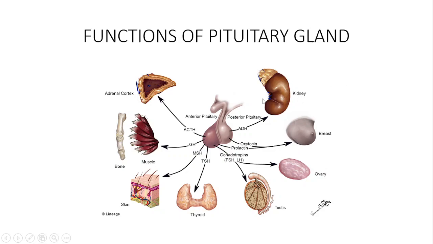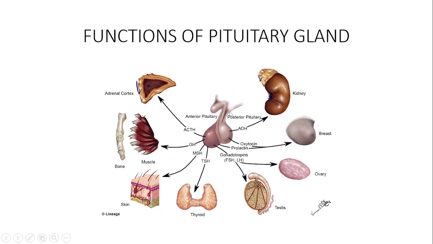It causes the kidneys to release less water. It decreases the amount of urine produced. What it means is that a high antidiuretic hormone level causes the kidneys to release less urine, and a low level results in greater urine production.